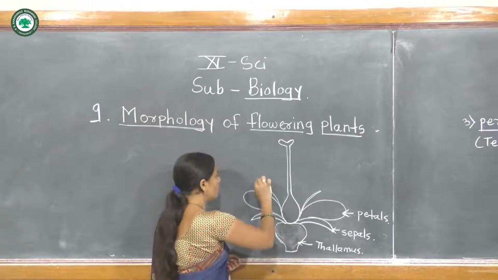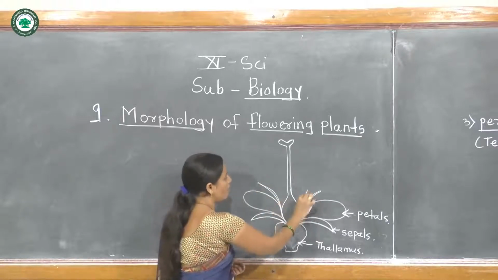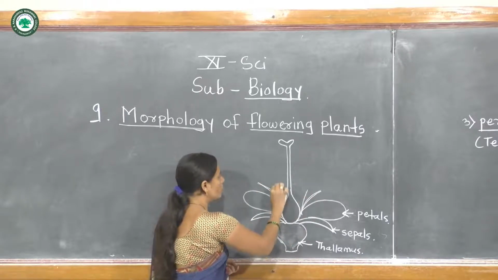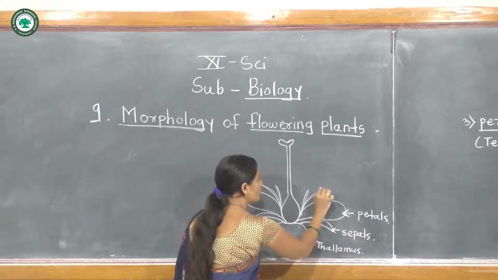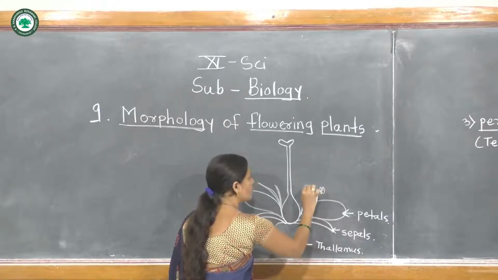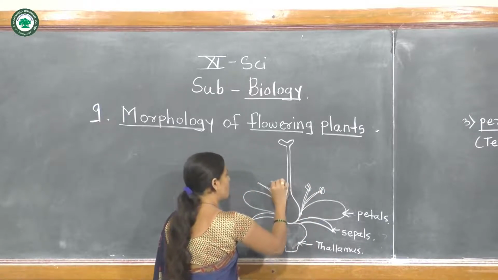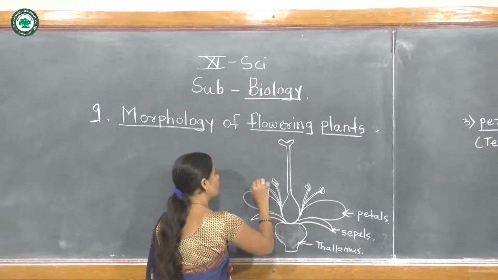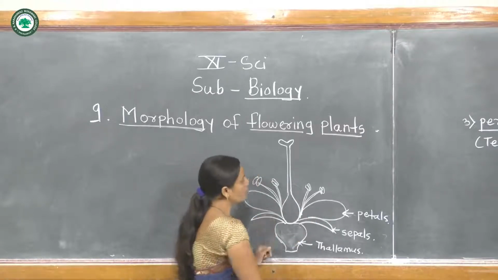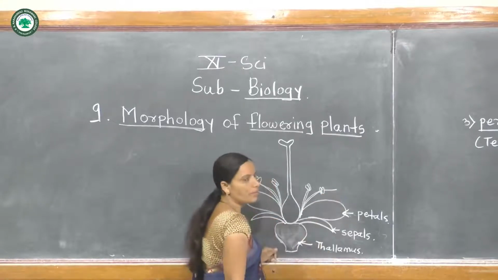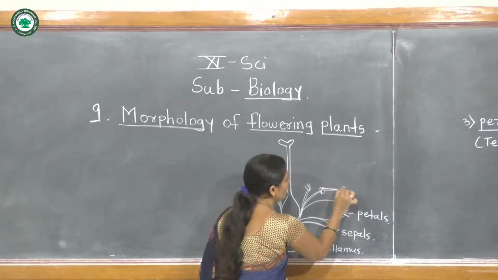It is the male reproductive part of the flower, and individually the androecium is known as stamens. The androecium is divided into three parts, like these: the anthers.